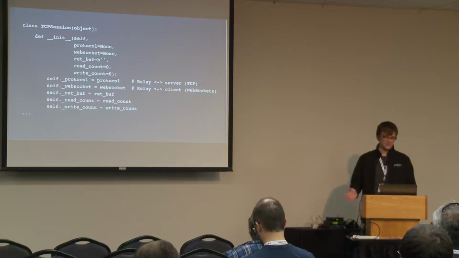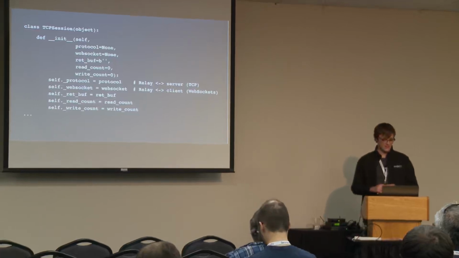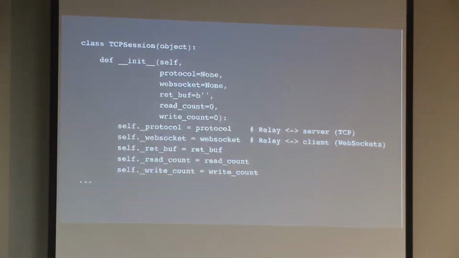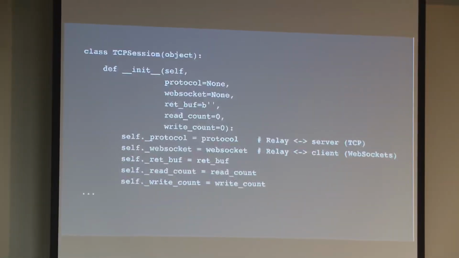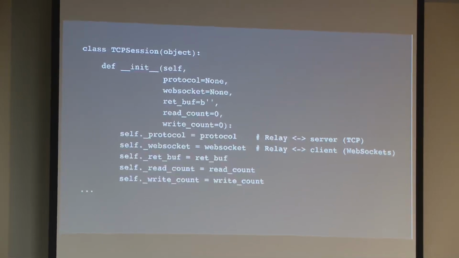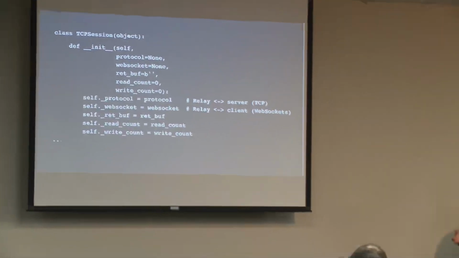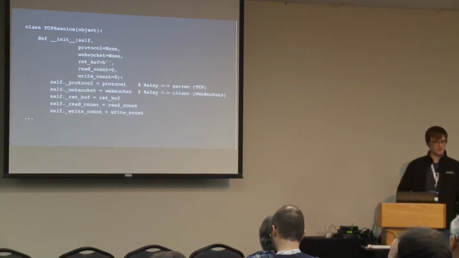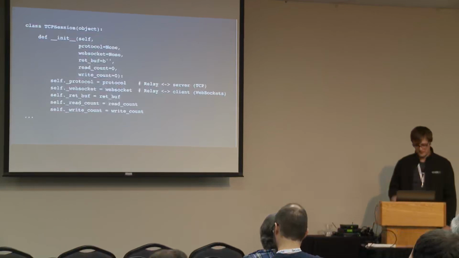This is an example of what that session object might look like. Sorry, not sorry if you don't know or hate Python. Basically, we just need a way to keep track of the TCP connection to the back end, as well as the front end connection to the WebSocket client. Also in here we keep track of the retransmission buffer, as well as the read and write count, which are the ACK that I talked about earlier.